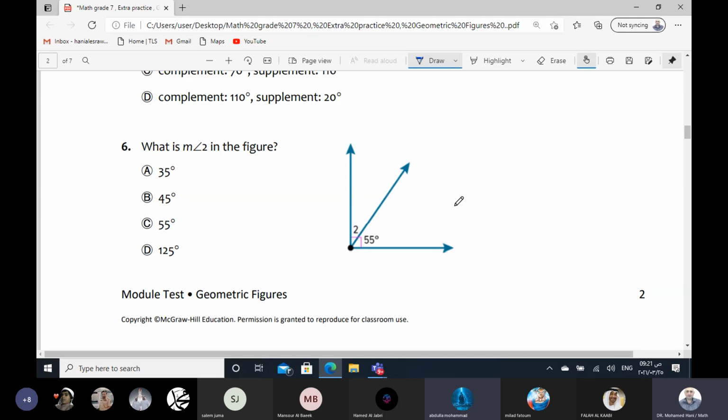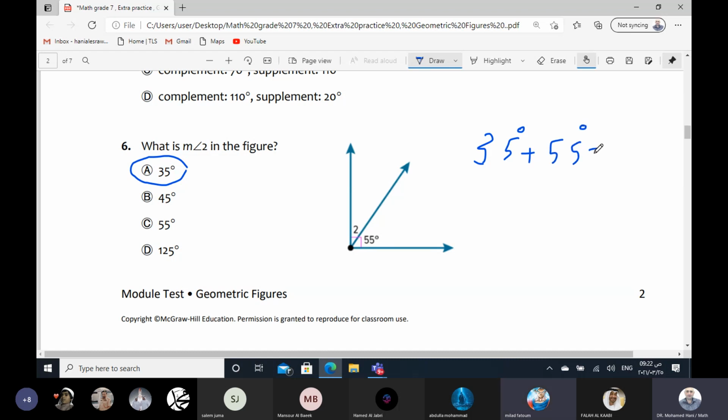The answer is 35. Okay. Choose A, Muhammad, because 35 plus 55 equals 90 degrees.